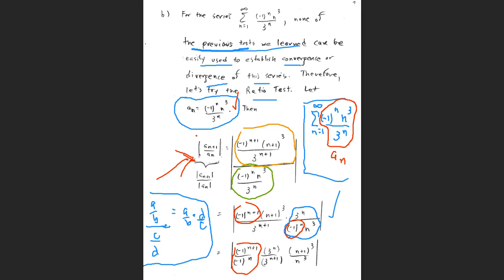I'm just reordering the terms. And then the 3 to the nth power and the 3 to the n plus first power, I just put that here. And then the n plus 1 cubed and n cubed, I just put that over here. So this is going to make it easy to simplify.